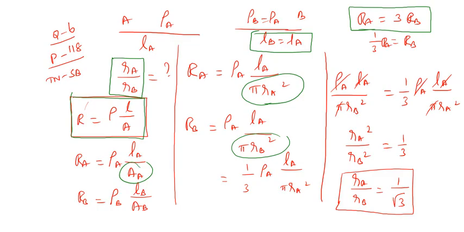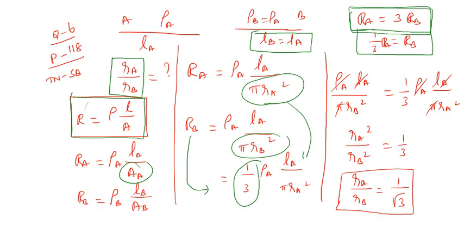Also in the question it is given that resistance of A is equal to 3 times resistance of B. So we write that resistance of B equal to 1 by 3 times resistance of A, and that is substituted here. If you equate these two and cancel, you get R suffix A square by R suffix B square equal to 1 by 3.